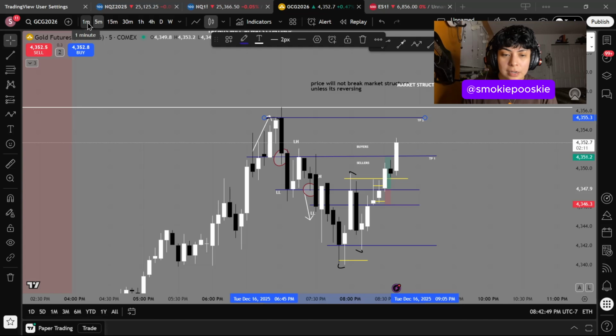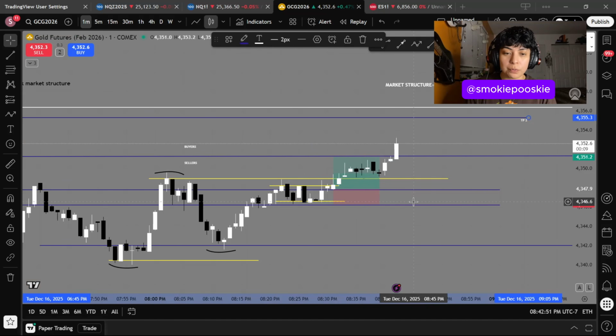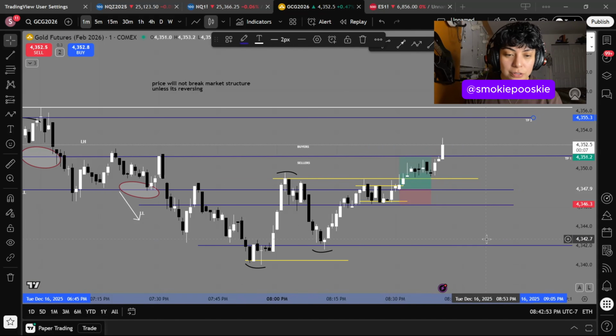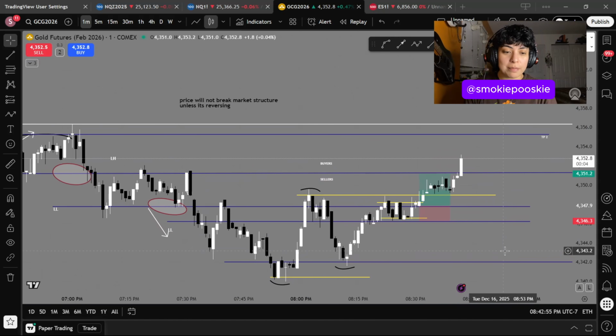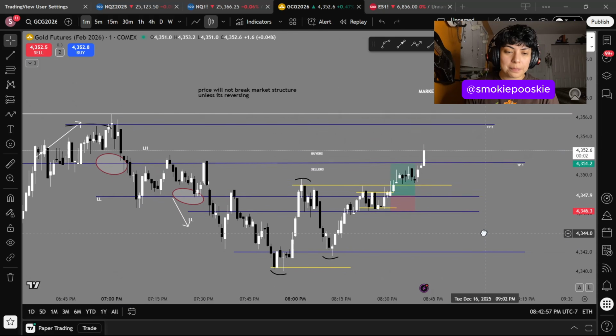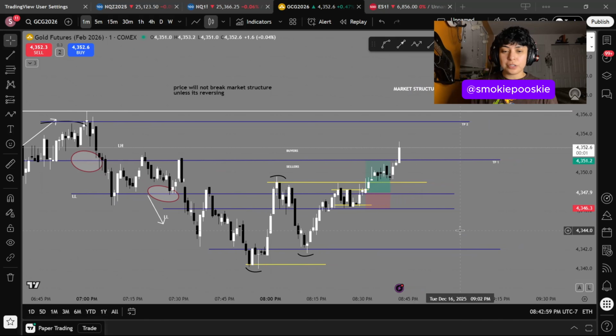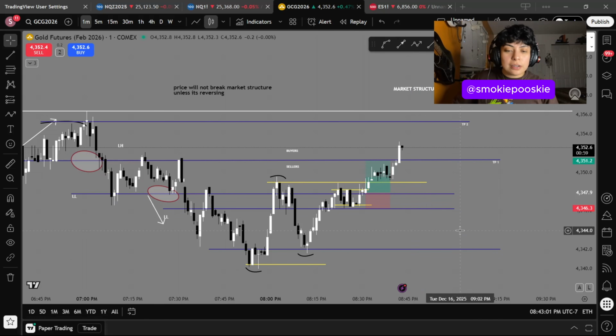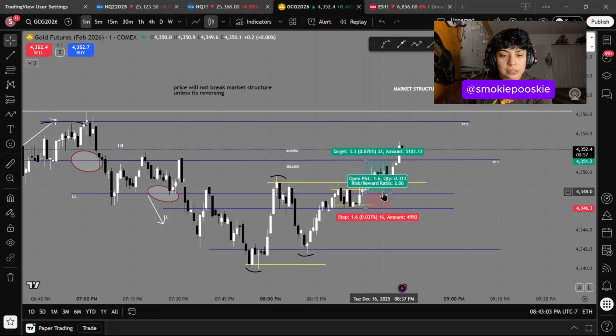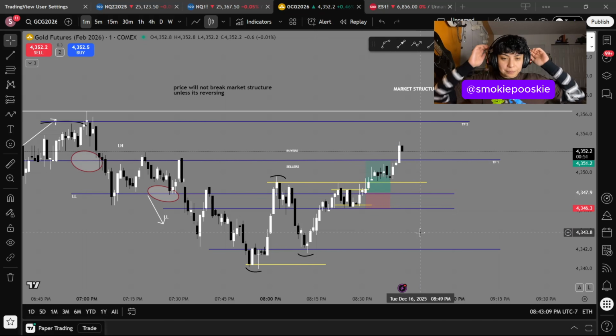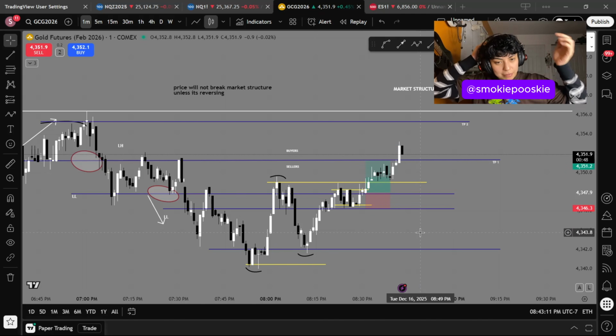So yeah, that's how you would have scalped your 1 minute using 5 minute levels to set your TPs and your stop loss. And you see how this is a 2-to-1, because we're using the time frame above it as our stop loss.